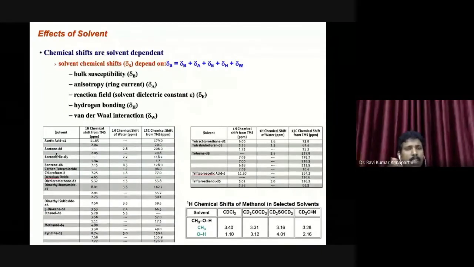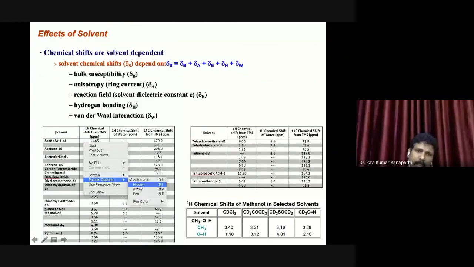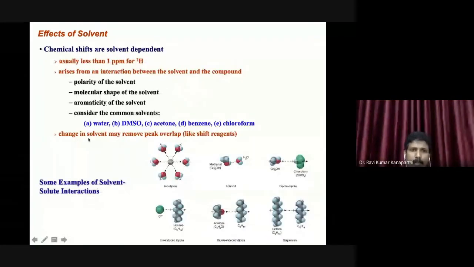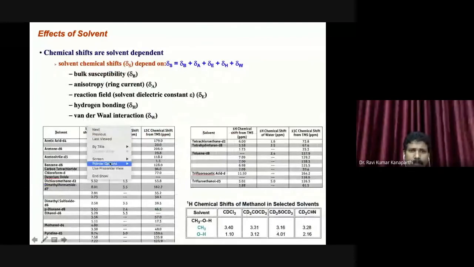One has to remember that we call it a solvent peak. Depending upon the solvent that you choose, the residual proton signal will be seen at different locations. For example, acetic acid D4 is a deuterated solvent, but it has a residual proton that gives a unique peak at 11.65 ppm.